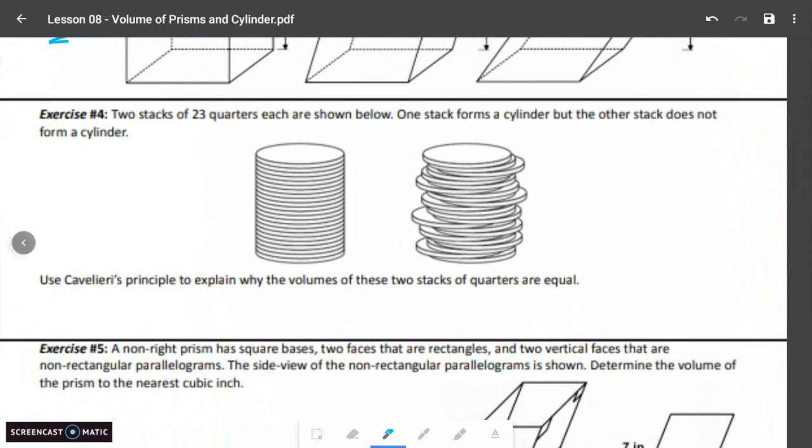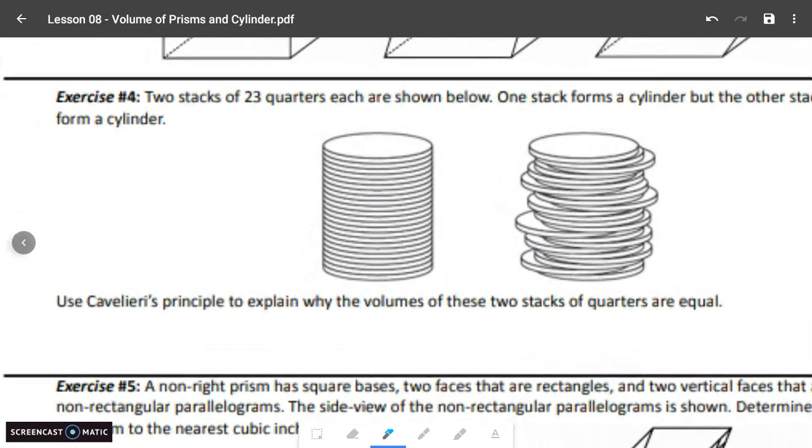So if I saw this exercise here, we have 2 stacks of 23 quarters each shown below. One stack forms a cylinder, but the other does not form a pretty cylinder. Use Cavalieri's principle to explain why the volumes of these 2 stacked quarters are equal. So don't make this more complicated for yourself. Okay, we're talking about quarters here.